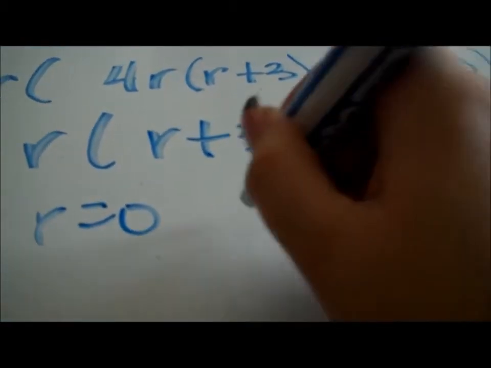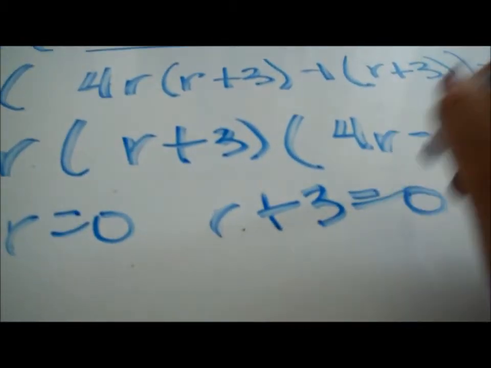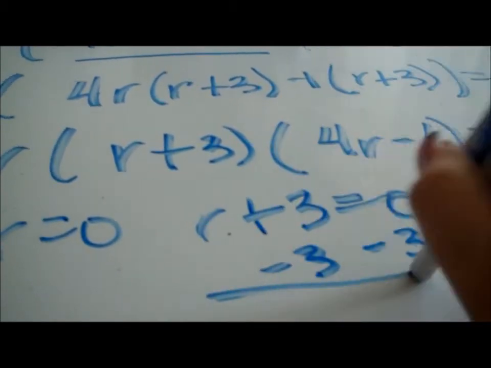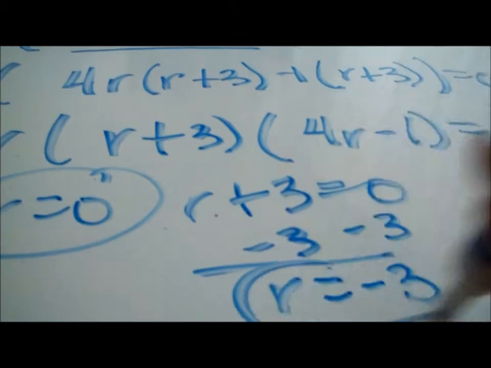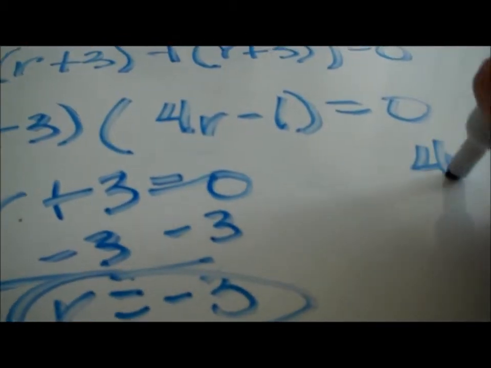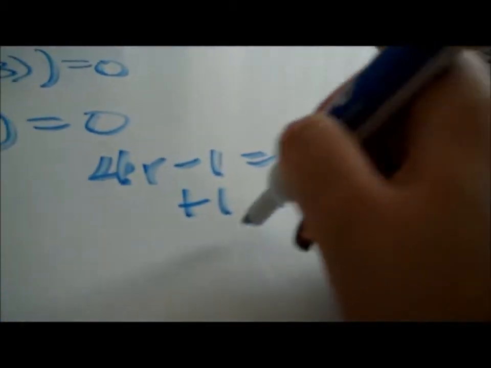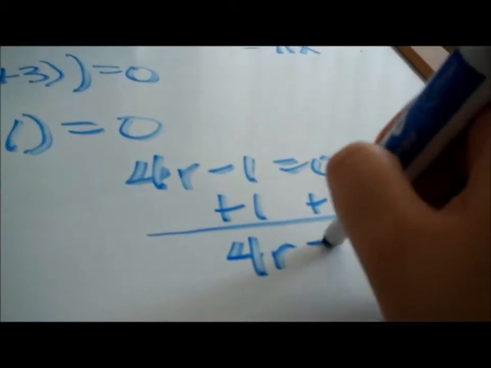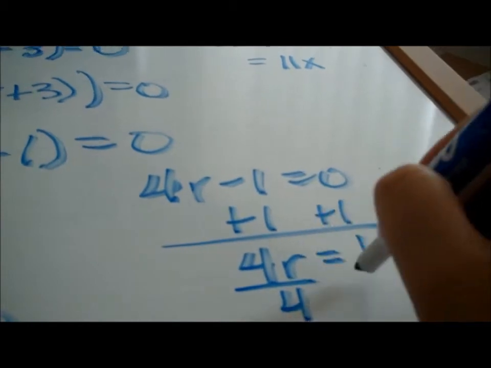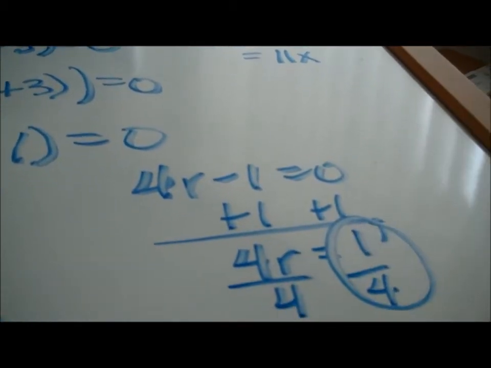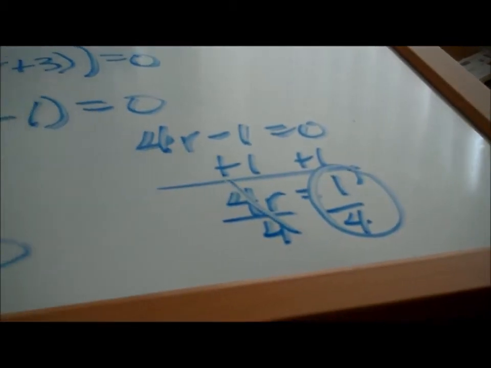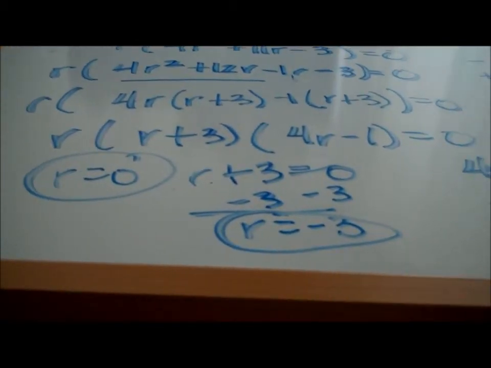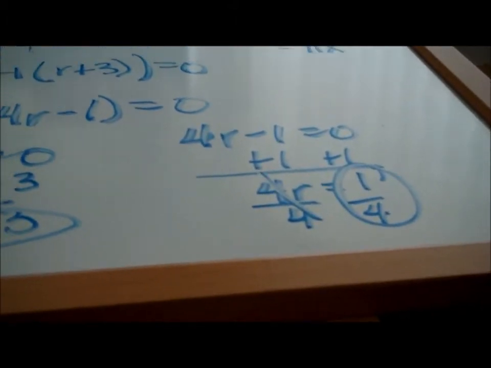That was the easy one. R plus 3 equals 0. If I subtract 3 on both sides, I get r equals a negative 3. So I have 1 answer, 2 answers, and then I have 4r minus 1 equals 0. Add 1 to both sides. I get 4r equals 1. Divide both sides by 4. And my third answer is 1/4. Okay, so again, 3 answers for this one: 0, negative 3, and 1/4.